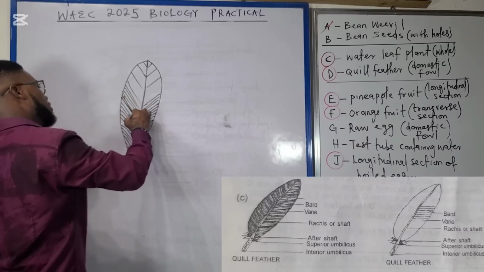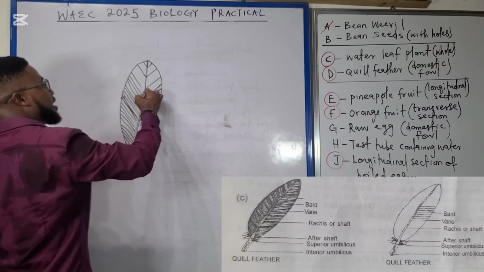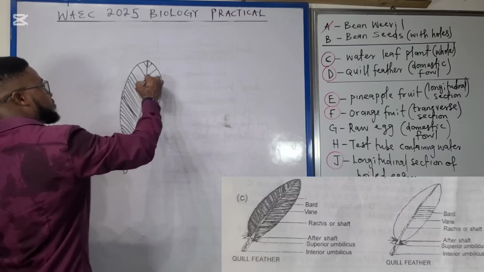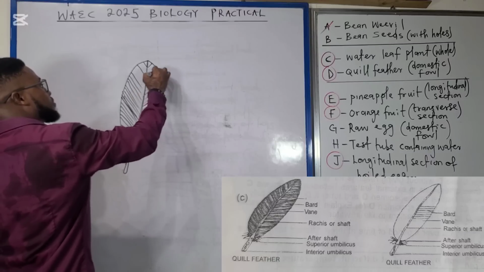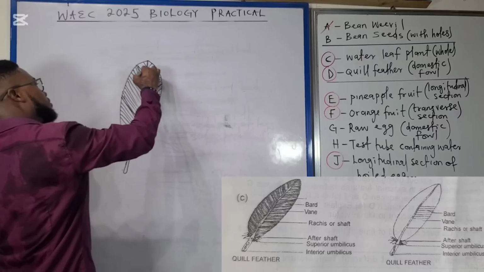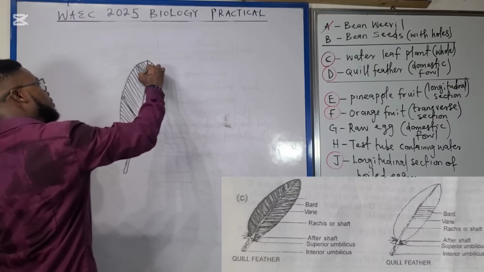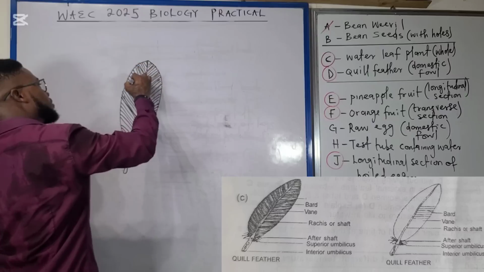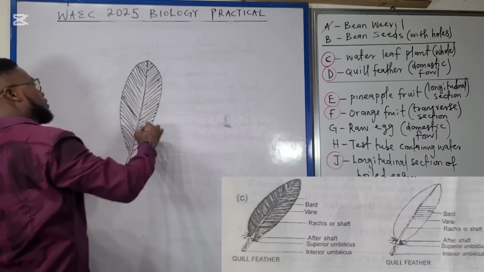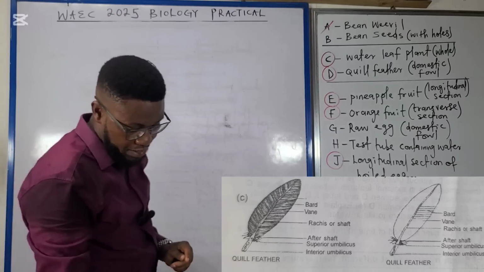Just to make sure that spacing is not really there again. Now that's the vein. So that's the basic plan for the quill feather.